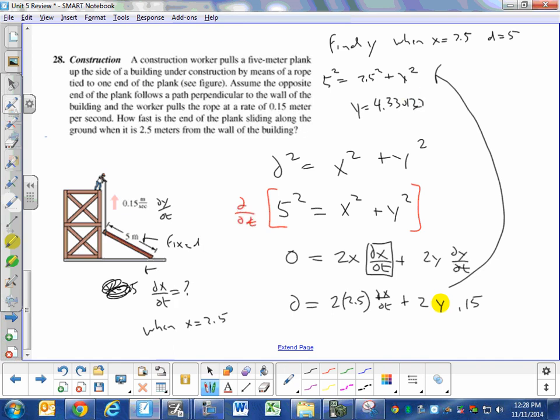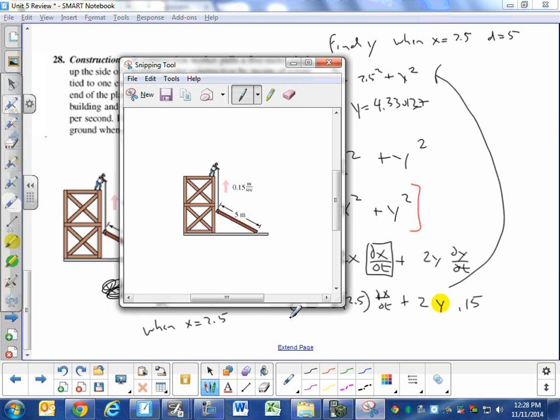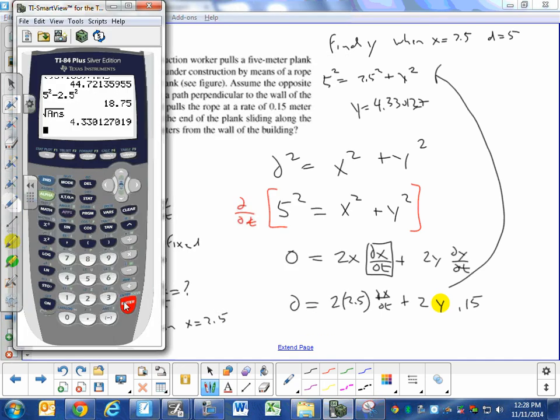But of course, don't round until you get your final answer. So to get my final answer, I'm going to do that times 2 times 0.15. And I'll end up subtracting it to the other side.